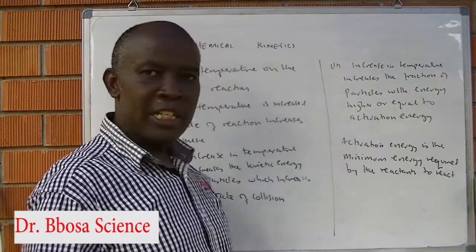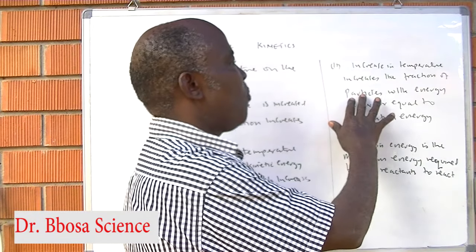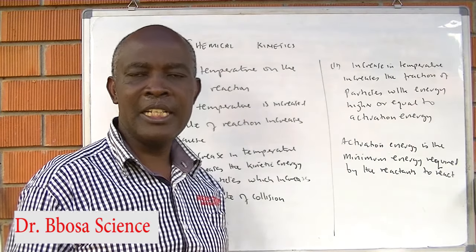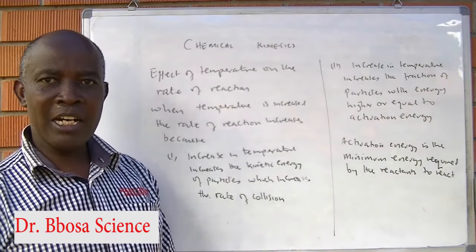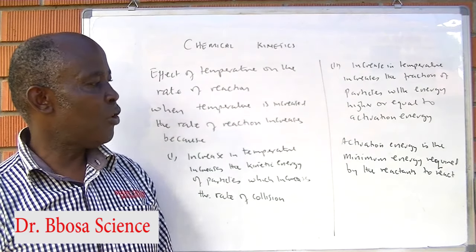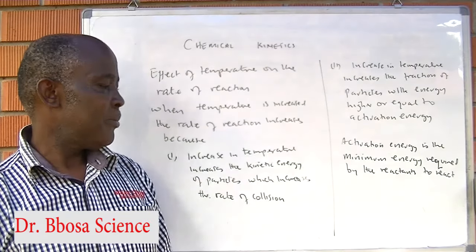2, increase in temperature increases the fraction of particles with energy higher than or equal to activation energy. Activation energy is the minimum energy required by the reactants to react.